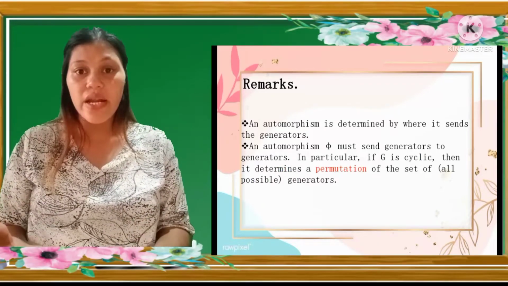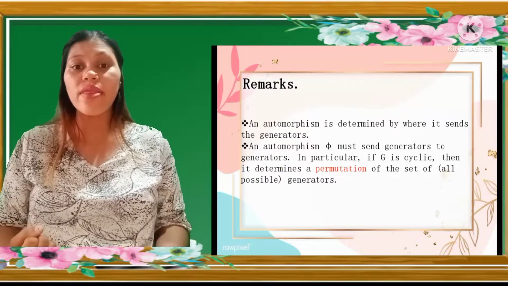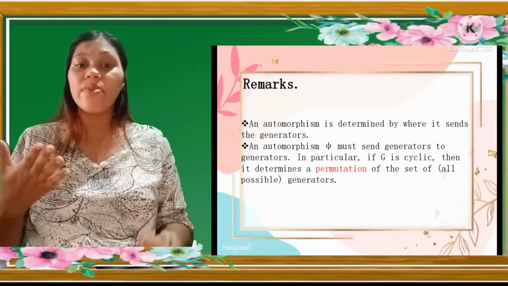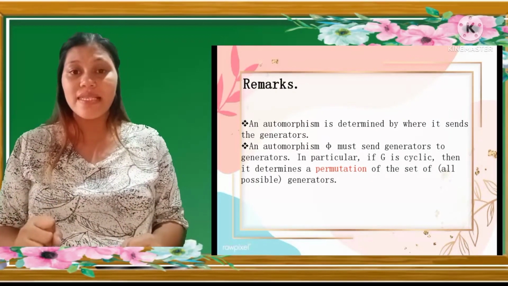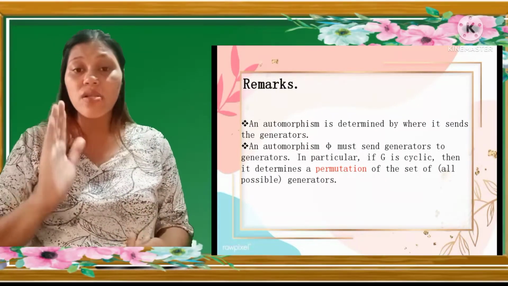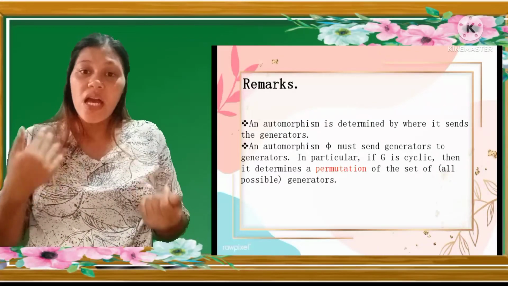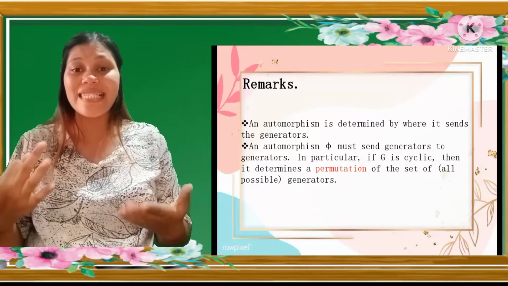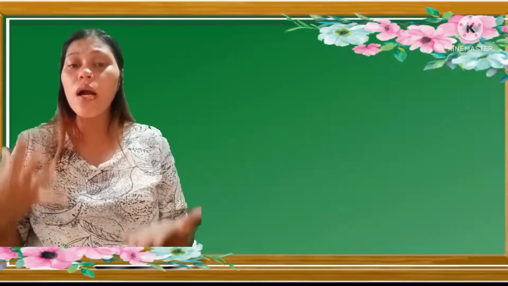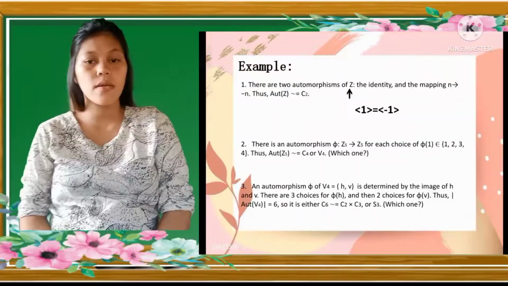In particular, if G is cyclic, this means that it can be generated by a single element, although there might be a collection of elements which are potential generators. In that case, it determines the set of all possible generators.